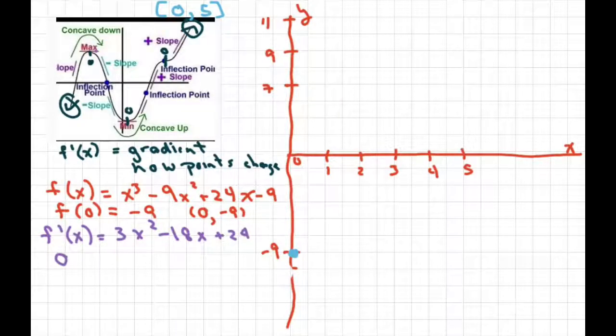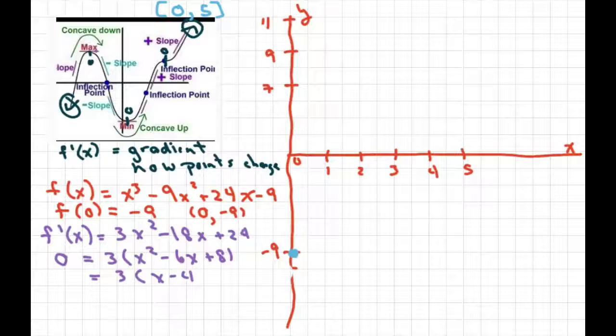So we set this to 0. I'm going to factor out a 3, and continue factoring. It's x minus 4, x minus 2. So basically we have a min or a max at x equals 4 and x equals 2. So we have it right in here and here.